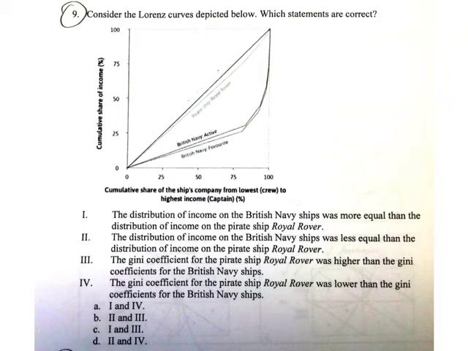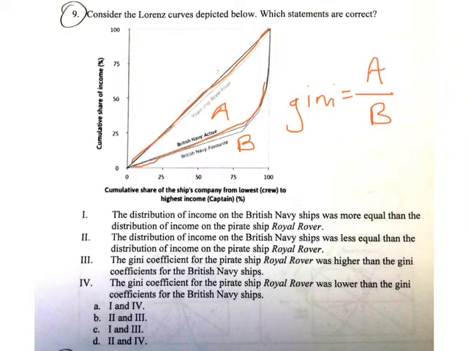If we label this area A, let's talk about the British Navy ship Active, the area between the 45-degree line and the Lorenz curve is A, and then all the area below the 45-degree line is B. The Gini coefficient is simply the area in A divided by the area of B. And so if the Gini coefficient is very small, like it would be for the pirate ship, that little sliver between the 45-degree line and the pirate ship Lorenz curve is very small as a fraction of this entire area under the 45-degree line. So that's what a Gini coefficient is.